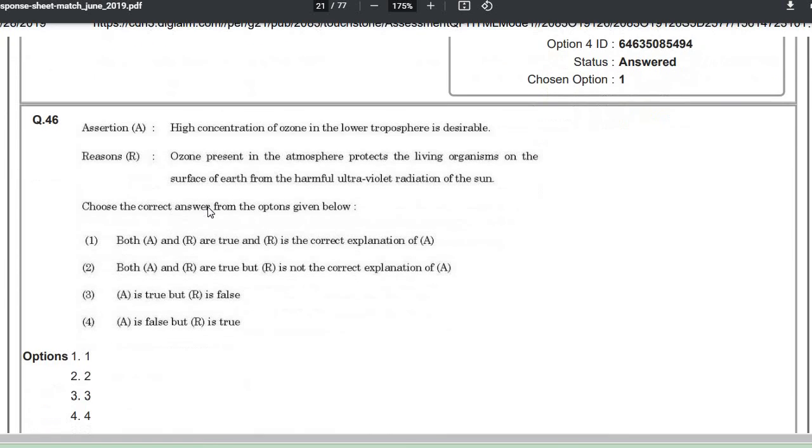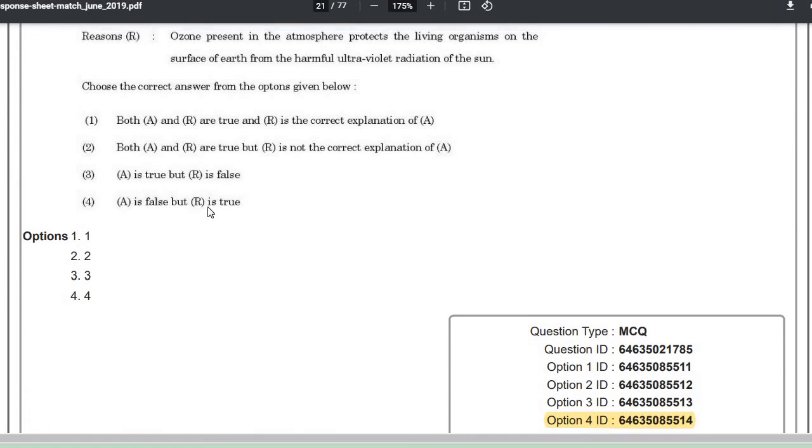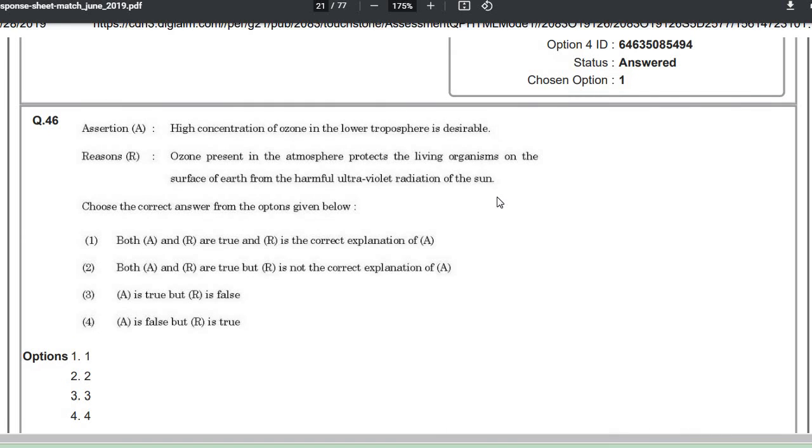Coming to question number 46, high concentration of ozone in the lower troposphere is desirable. Ozone present in the atmosphere protects the living organisms on the surface of the earth from the harmful ultraviolet radiation of the sun. Here, high concentration of ozone in the lower troposphere is desirable is false. In the lower troposphere a high concentration of ozone is not required.